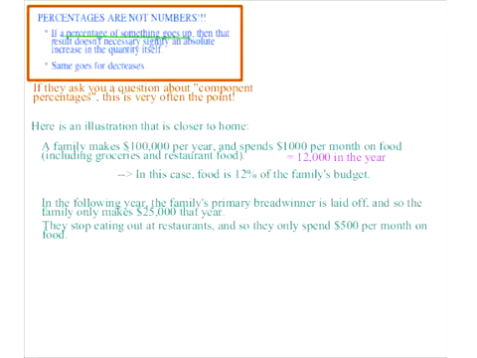In this case, you have a total of $6,000 on food out of $25,000. So that's 24% of the budget now. So you can see what the issue is here.